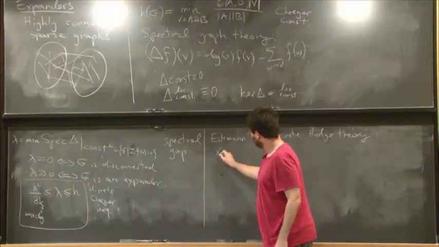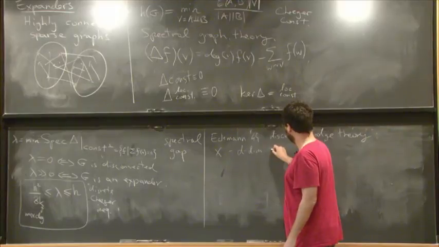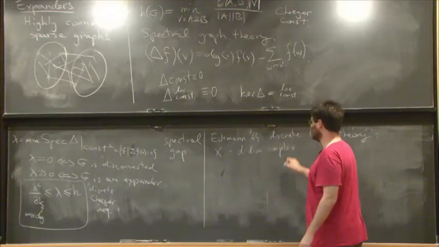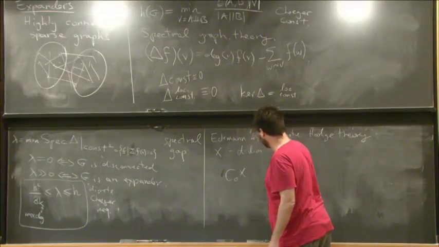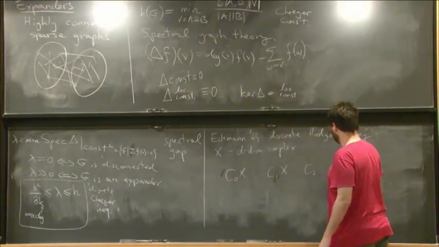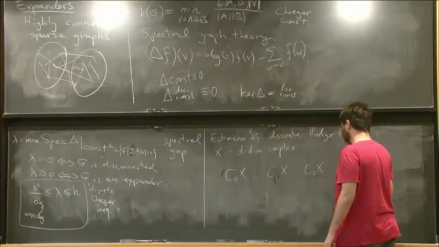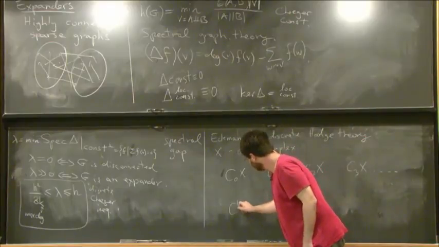So we have a d-dimensional simplicial complex, and we look at the chains in every dimension, and the cochains.